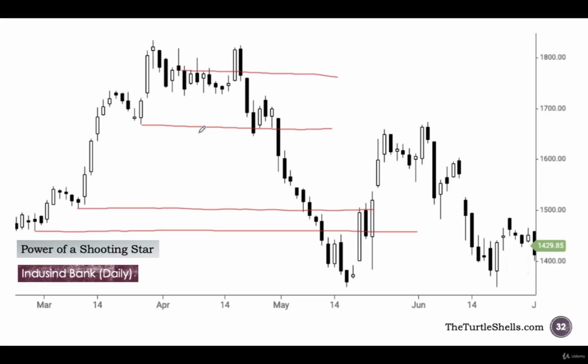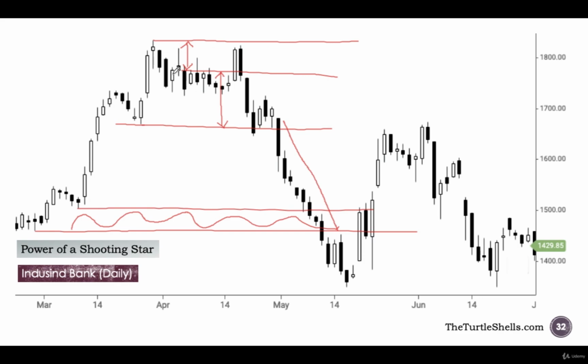Only thing is that for this support, we have to look at the reward to risk ratio. If I'm taking this as my stop loss, that is my risk and that is my reward, which is not 2:1. Maybe it is 2:1. I have not measured it, but I think this zone of support is a more potent support zone, which was broken. You can see how many consecutive black candles we got here.